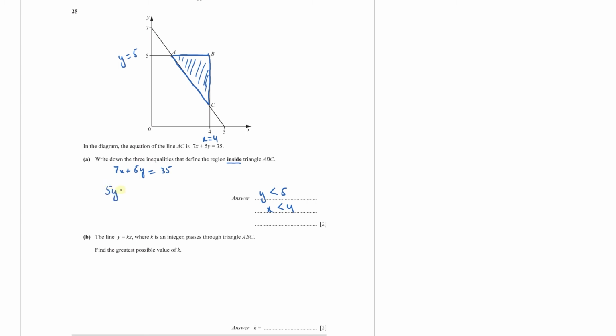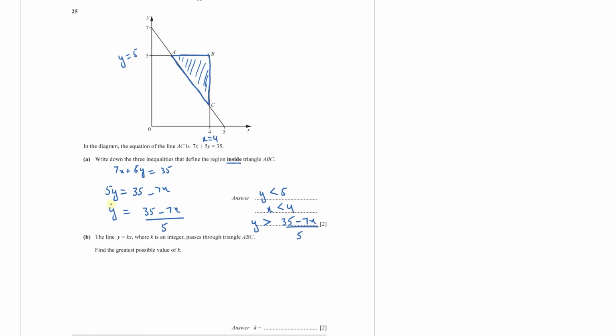So 5y equals 35 minus 7x, and then y equals 35 minus 7x over 5. So now the inequality will be y is greater than, because your shaded region is above this line. So y is greater than 35 minus 7x, whole divided by 5.